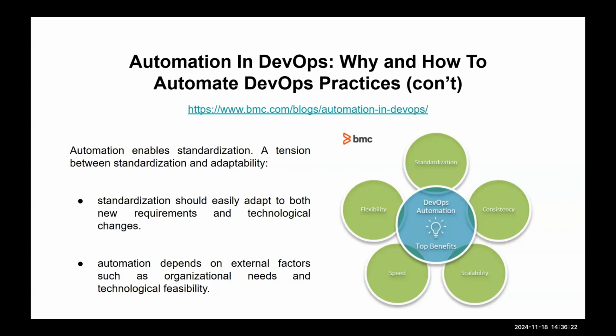Of course, in software, that's always a benefit. In artistic endeavors, maybe not so much. Consistency means you don't have things that break a lot in your workflow, which is always good, but that can be achieved, I think, without automation, although in the case of DevOps, it's required.